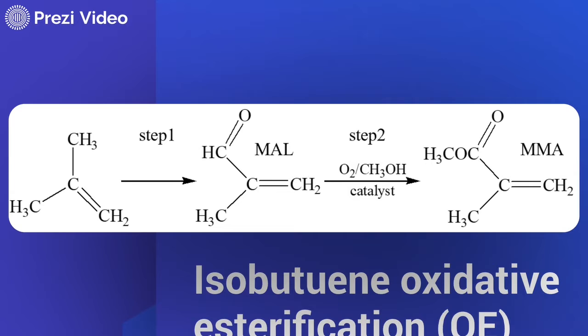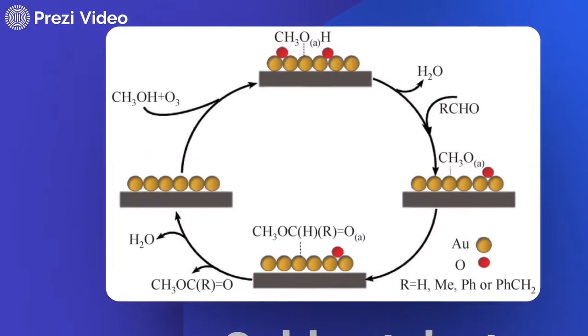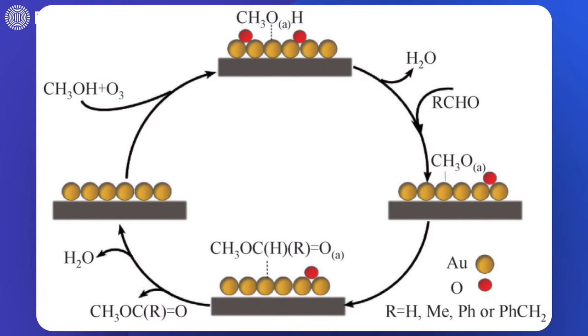Compared with other traditional routes, this route has short process flow, simple operation, and light byproducts. The step 2 of OE reaction needs noble metal catalyst. Gold catalyst has great application potential in OE reaction. Supported gold catalysts with 1 to 5 nanometer size show high selectivity in the reaction, which is different from other noble metals such as palladium or ruthenium.